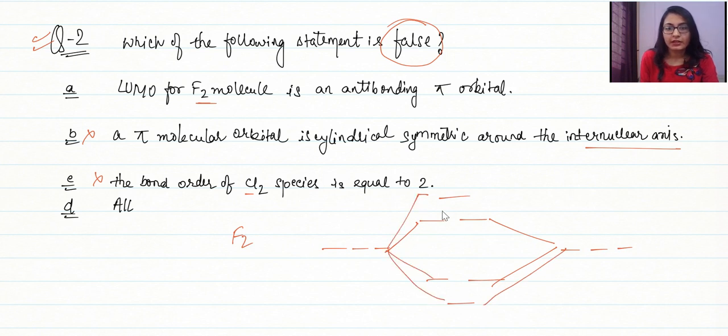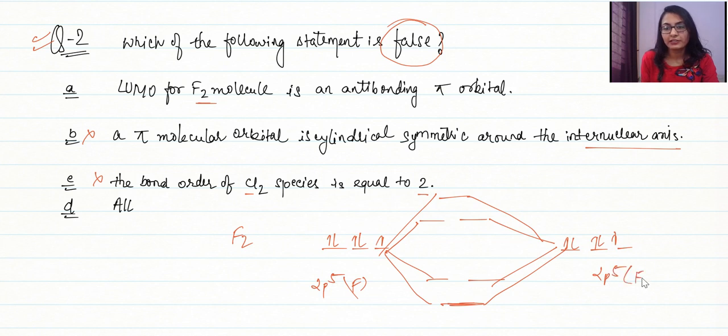Fluorine has 5 electrons in the 2p orbitals, so it is 2p5 of one fluorine and 2p5 of the other.